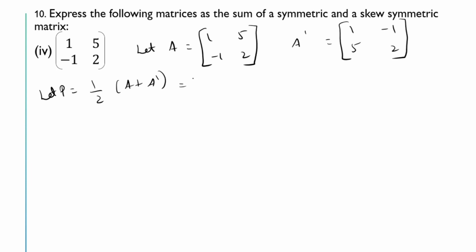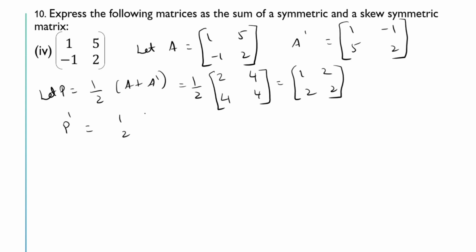So that is equal to half of A plus A transpose will be 2, 4, 4, 4. So half of this will be 1, 2, 2, 2. So we can see that P transpose, 1, 2, 2, 2, is equal to P. Therefore, P is symmetric.